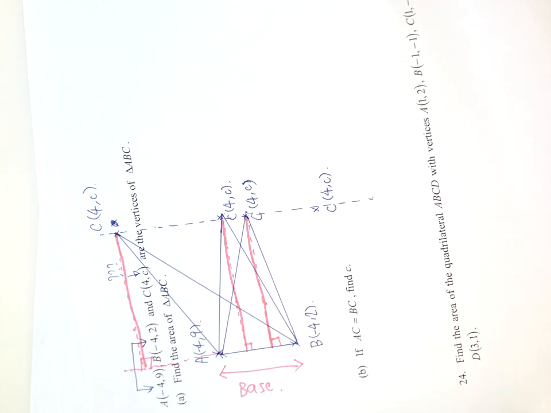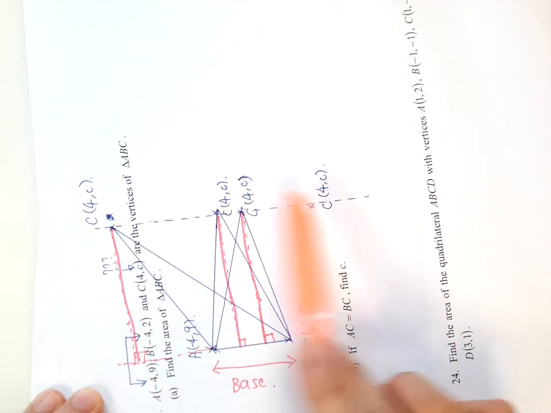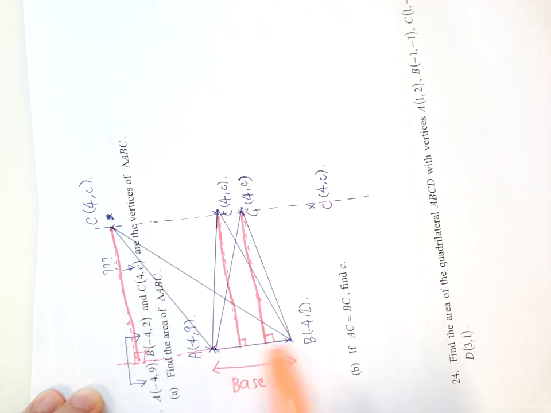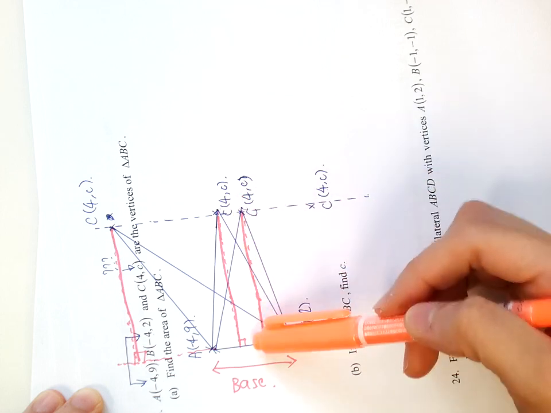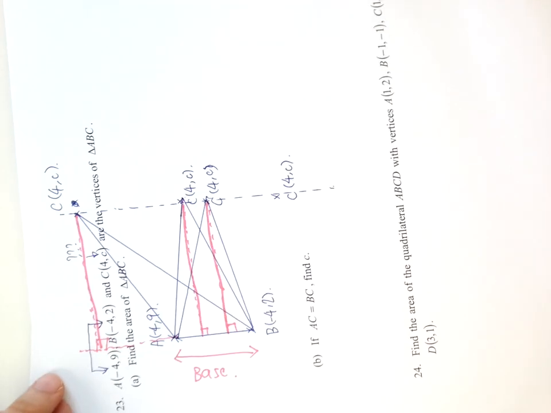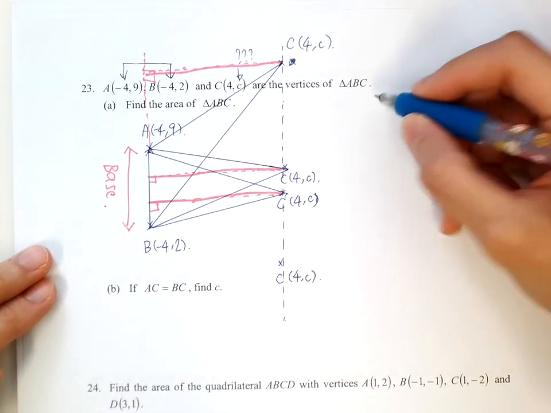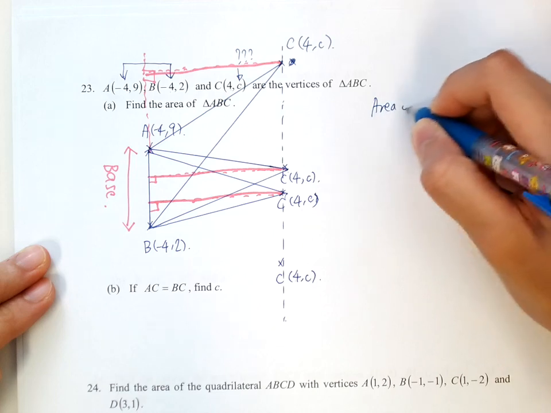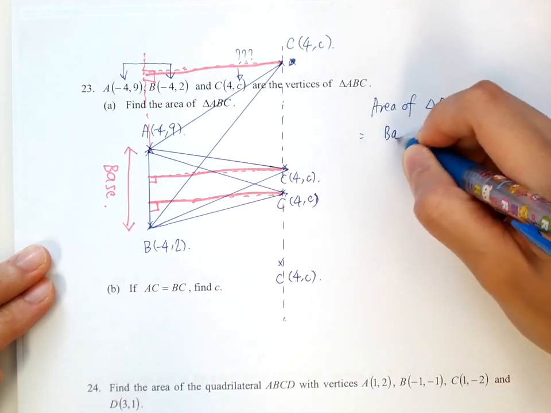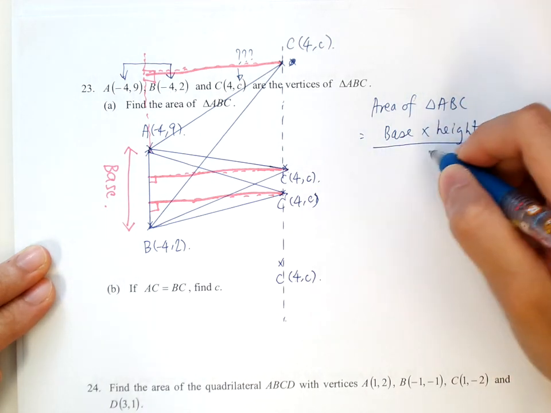So we do not need to care about the position of C, because no matter where I put the point C, we get the same base and the same height. If the base and the heights are equal, so are their areas. Therefore, to calculate the area of ABC, we have base times height divided by 2.